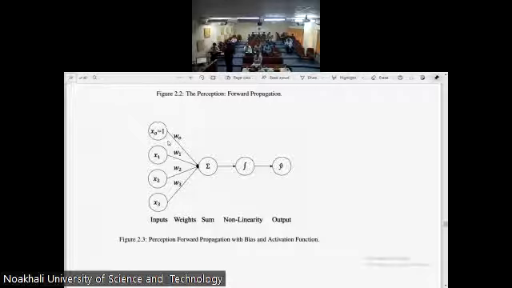Is it clear? We have nothing to do with the inputs and output. Those are given. We only change the weights. We'll see how gradient descent or the chain rule will help us find the weight values that give the minimum loss.